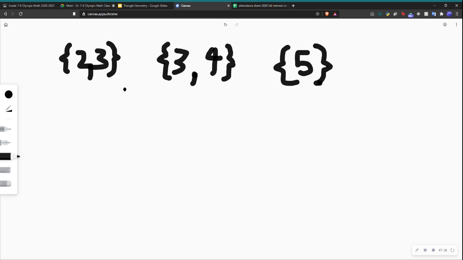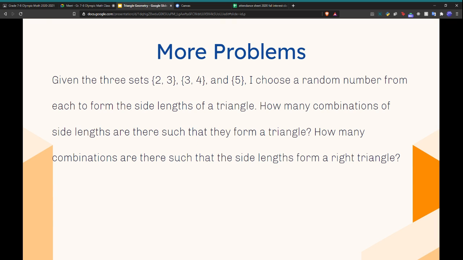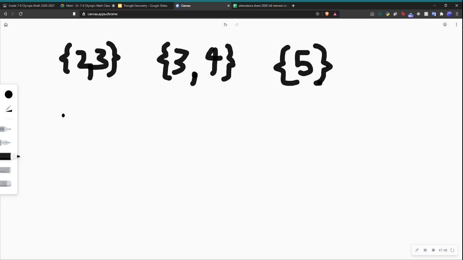The way I'd like to approach this is that I want to find all the possible combinations we can do. And then from there we can pick which ones satisfy these properties so that they form a triangle and then a right triangle. So can someone name me just one combination from these 3 sets? I always put them in a tuple like this.